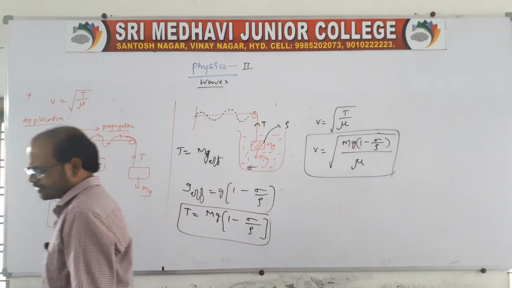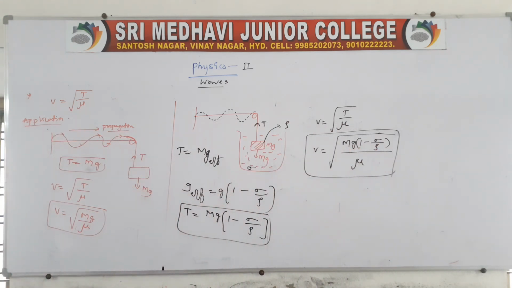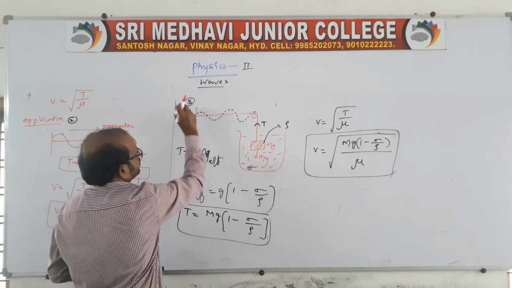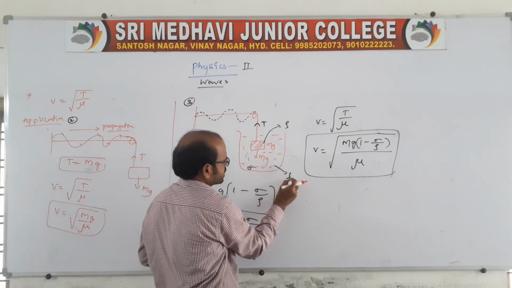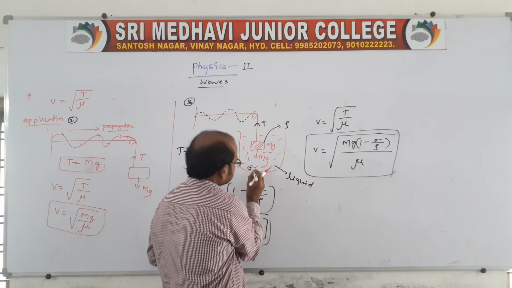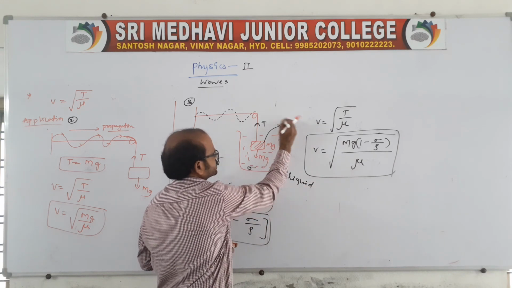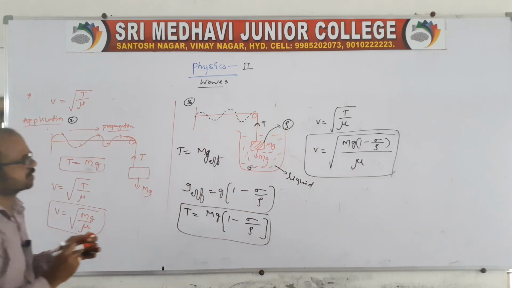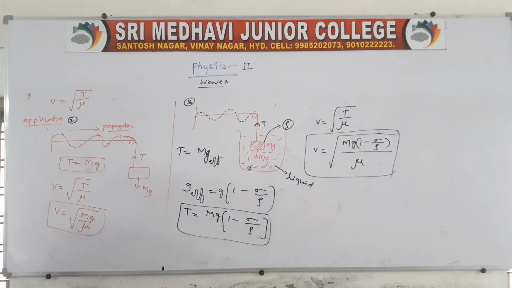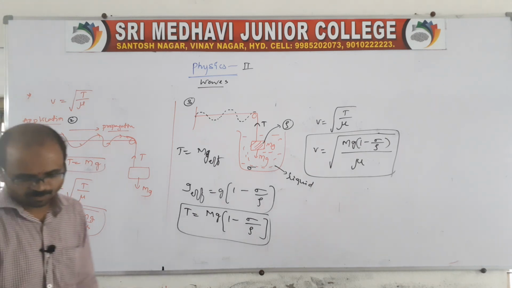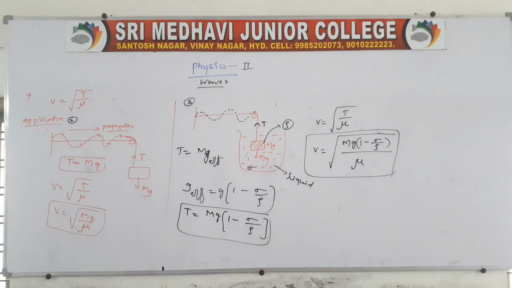Like this we have different examples and applications related to transverse waves. These are the 3 applications: this is the second, and this is the third, when the body is placed in the liquid. Sigma is the liquid density and rho is the density of the body.